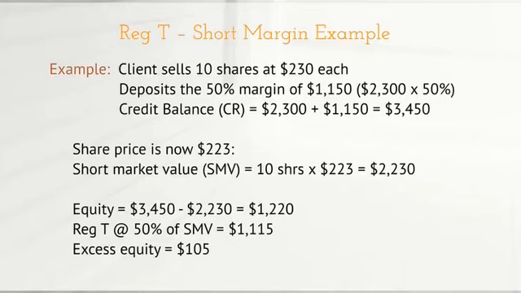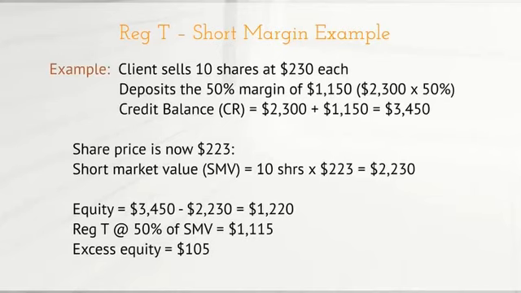So their new market value is 10 times $223 for $2,230. So our equity is now $3,450, our credit balance, minus the short market value of $2,230, for a total equity of $1,220. So that's taking our $3,450 we first calculated less the new market value to get our equity.